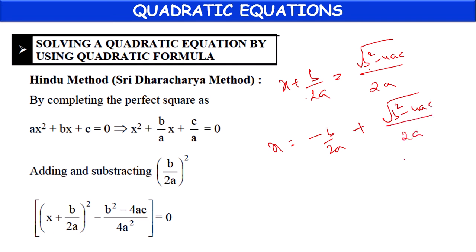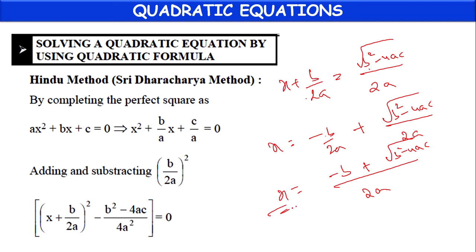Or x equal to 2a we can take common, minus b plus root of b square minus 4ac. Like this we will get the x value.